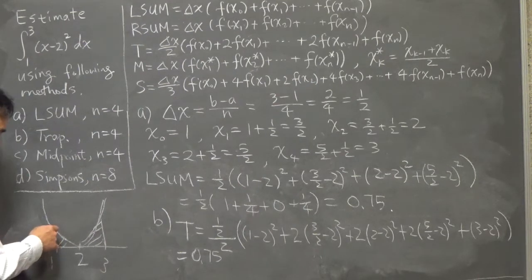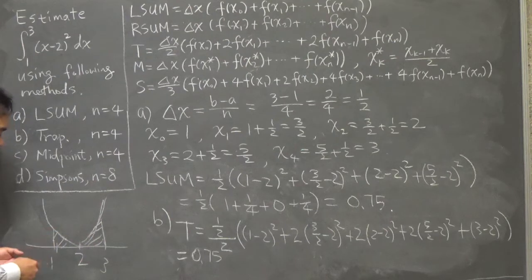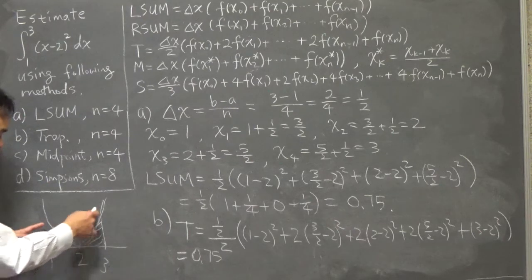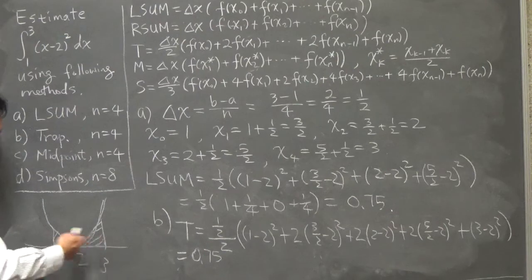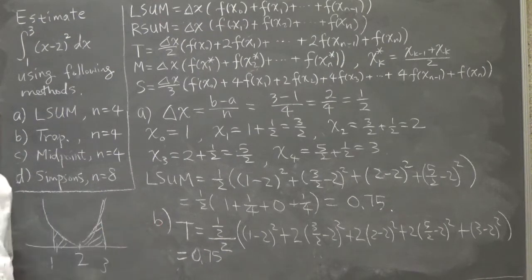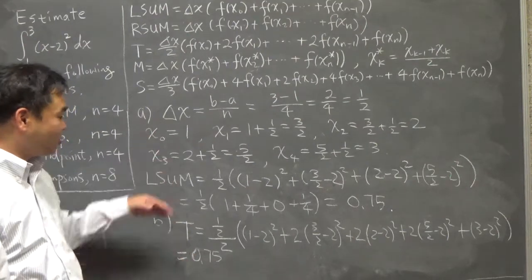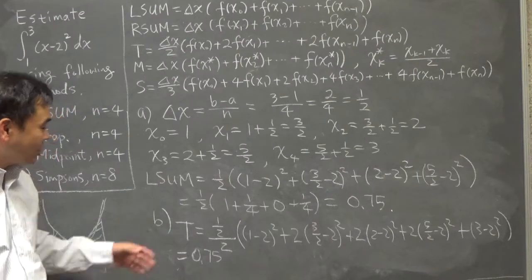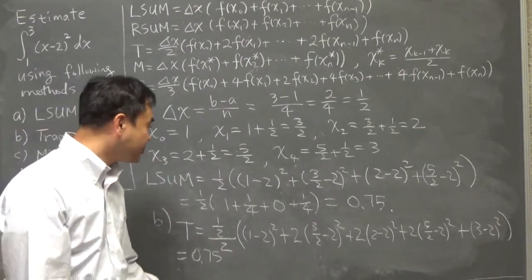If it's concave up like this one, and it's evenly distributed, like the left and right side is symmetric over that interval, then the trapezoid will also overestimate, and it won't be any better than the other two. But that's an exceptional case. Usually this is going to be a better approximation than the left sum and right sum.